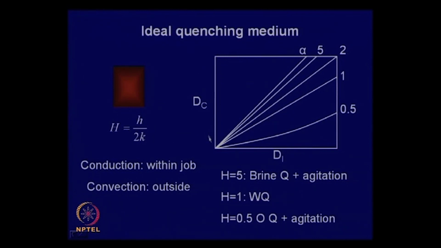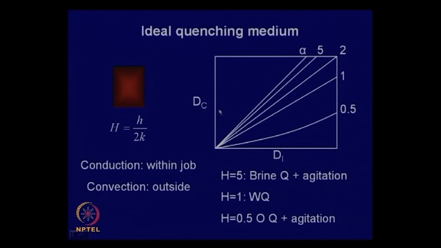And here you have a chart which gives you the relationship between the critical diameter and the ideal critical diameter, and this is the plot for infinite quenching severity, that is H equal to infinity, and you will find that the slope of this line is 1. So, that means if DC, the critical diameter, is 1, DI is also 1.